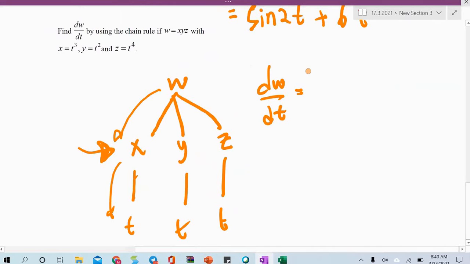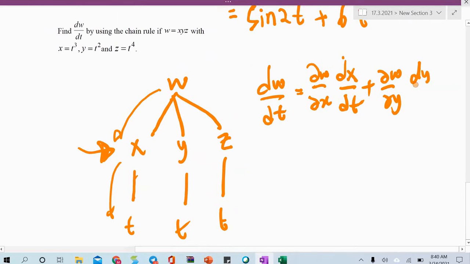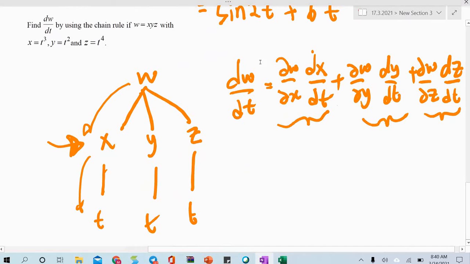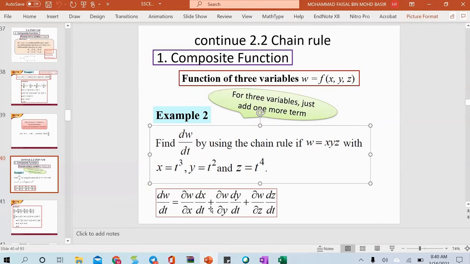So you must have del W del X dx/dt, plus del W del Y dy/dt, plus del W del Z dz/dt. So you must cross these three. Okay? Then you can get dW/dt. Everything: X, Y, and Z.